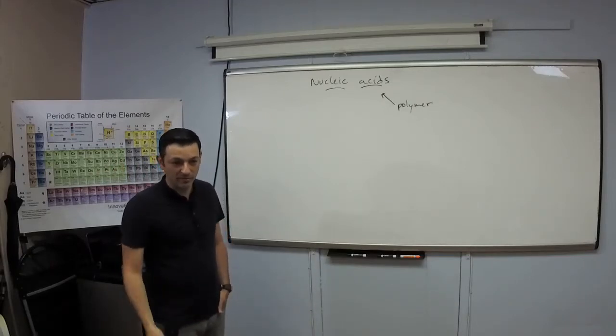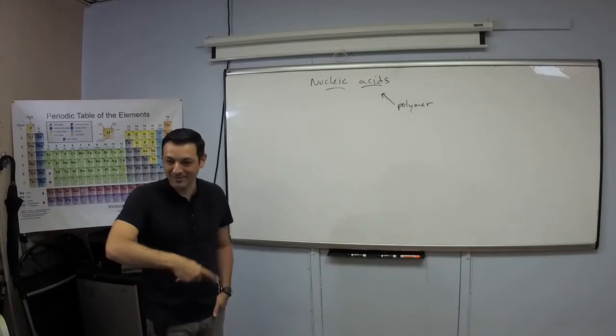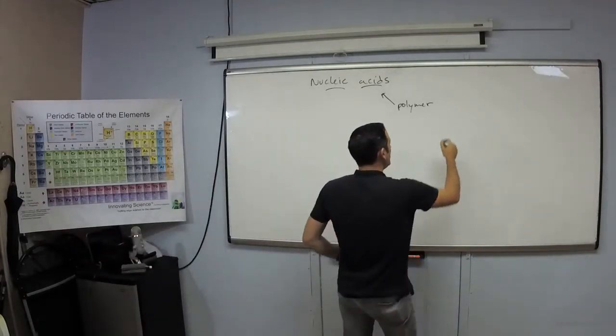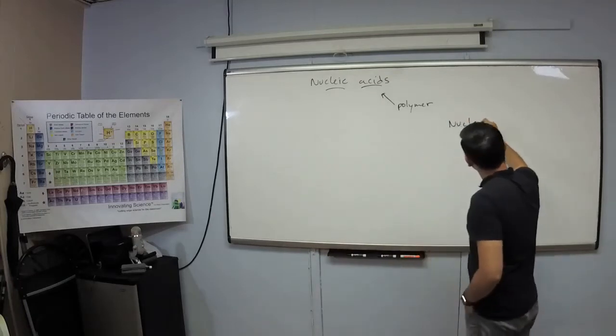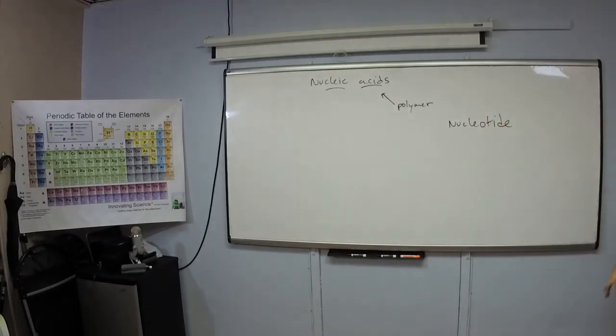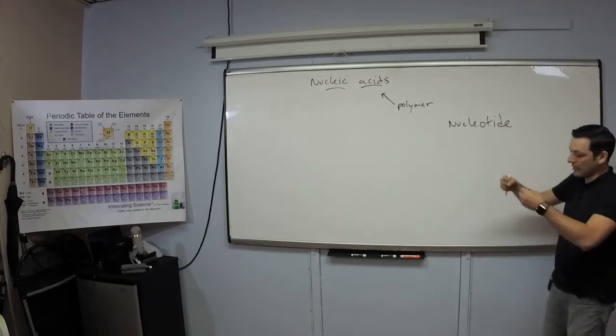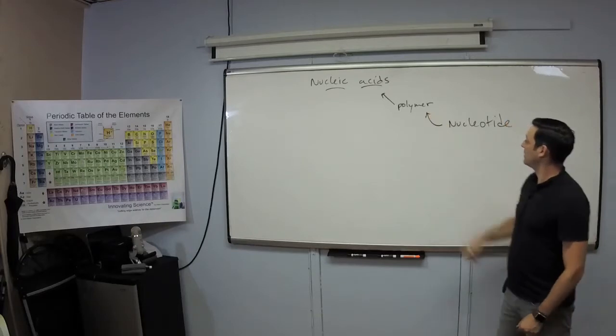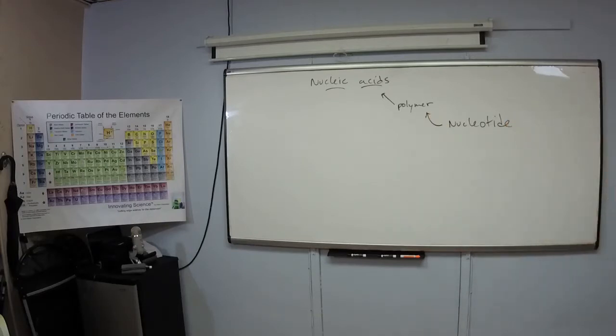It's made out of monomers. It goes in a circle. Many what? Many nucleotides. So a nucleotide is the individual unit. They link up in a chain to give you the polynucleotide, or the nucleic acid.